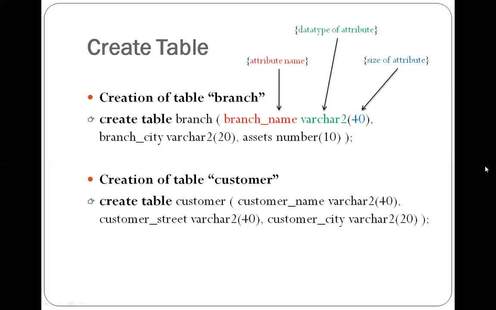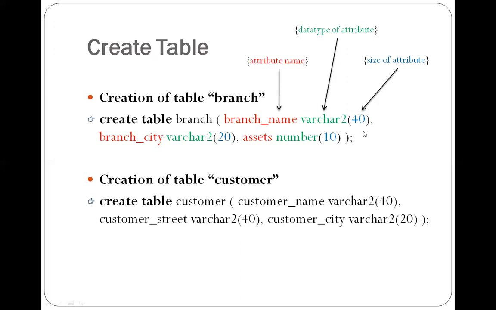Okay, so for all attributes we have to follow this rule. That means attribute name, space, data type of that attribute, then within bracket the size.